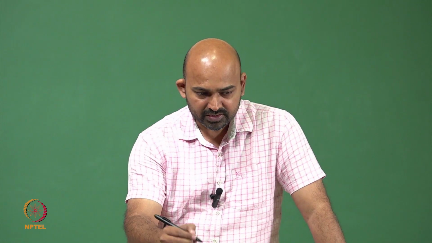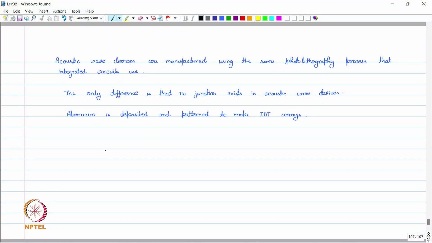So first we start with the substrate, which is our piezoelectric substrate. And on top of this we deposit a layer of metal, let's say aluminum or gold or anything. This is a thin layer of metal.